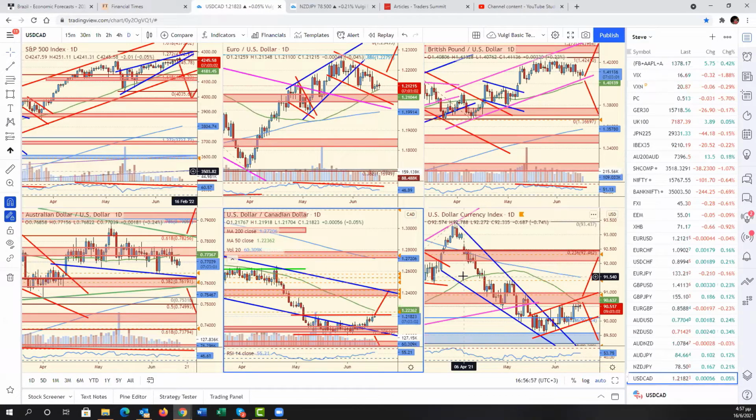I think you should immediately be cognizant of the fact that I don't know how strong the dollar's reaction is going to be to the upside.